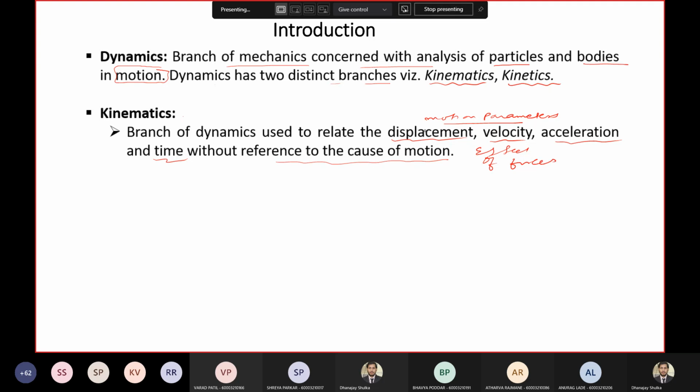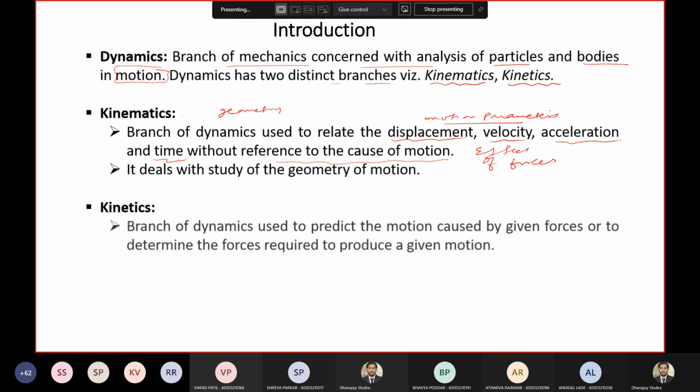That means we are not going to deal with the relationship between these motion parameters and forces. We are only going to study the geometry of motion, that is only the motion parameters. We are not going to deal with the cause of the motion. How the motion is happening. So that branch is called the kinematics branch of dynamics.